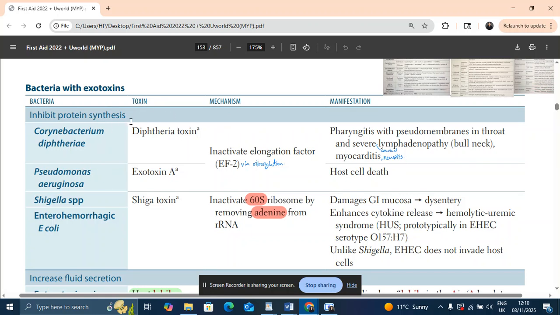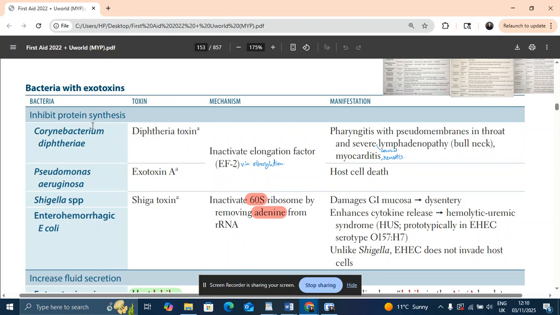Those bacteria are Corynebacterium diphtheriae, Pseudomonas aeruginosa, Shigella, and enterohemorrhagic E. coli. These are four bacteria, and they produce different types of exotoxins, but the exotoxins of all these bacteria eventually inhibit protein synthesis in our body.